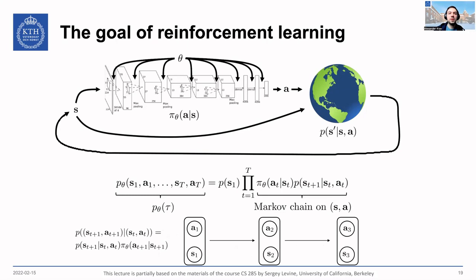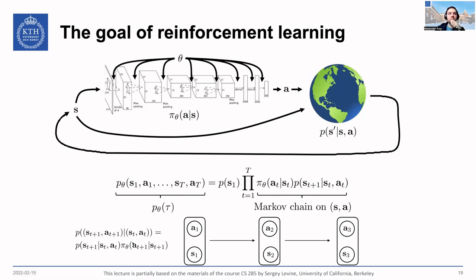But instead we group states and actions, because if we look at each trajectory, it has pairs of states and actions consecutively, and then the probability of having this trajectory can be expressed as the multiplication of these terms, each one of which can be defined as one item of the Markov chain.